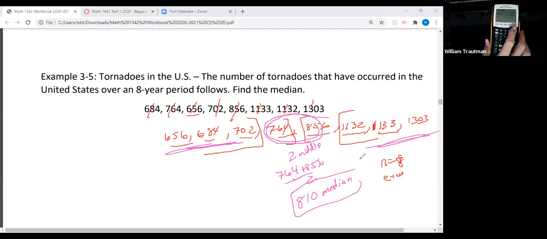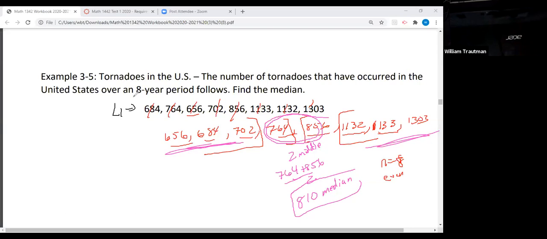So I'm going to go ahead and put these in L1 now, and see if my calculator tells me the answer's 810 also.